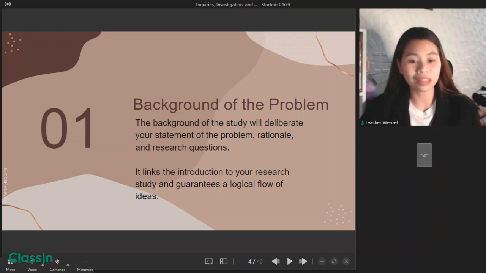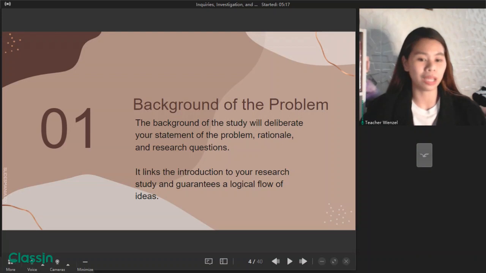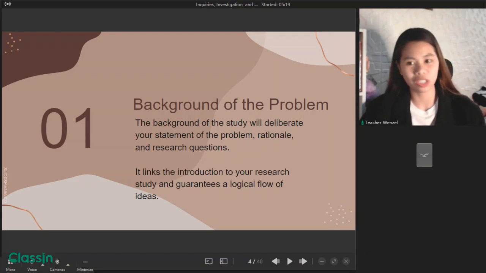But do you know what is the best possible way to get information? That is to read. Yeah. So you have to read and read and read some more about your topic. So expose yourself to the problem's concept and learn more about them to support your research.